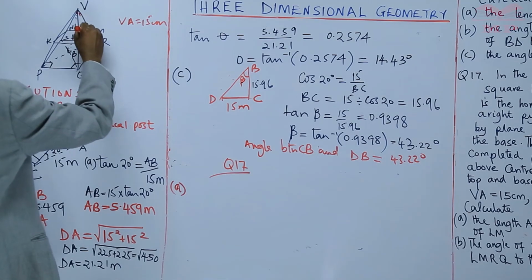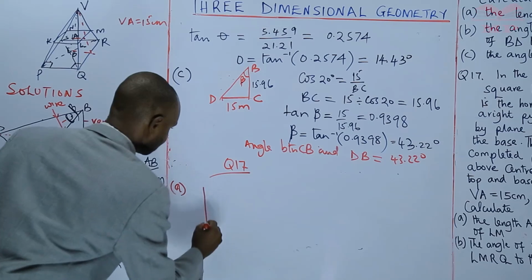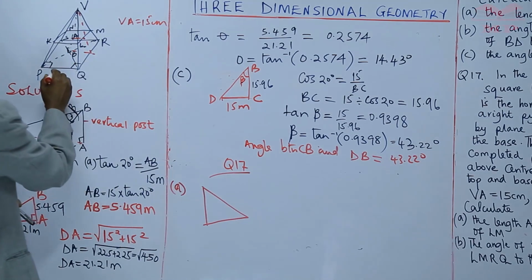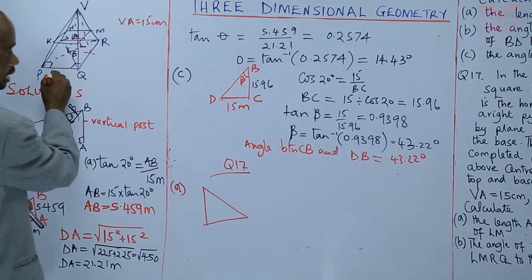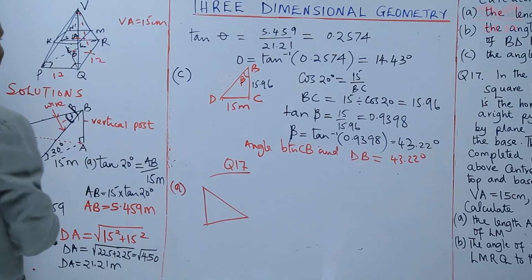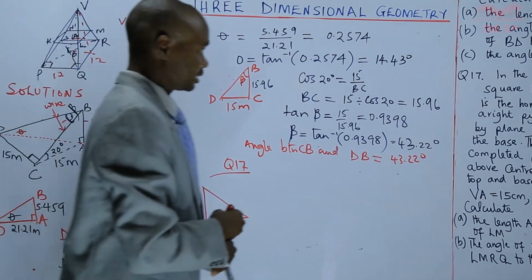AC, there is a length here. So I'll be forced to extract that triangle. I'll extract this triangle, where the base is 12 and that is 12.